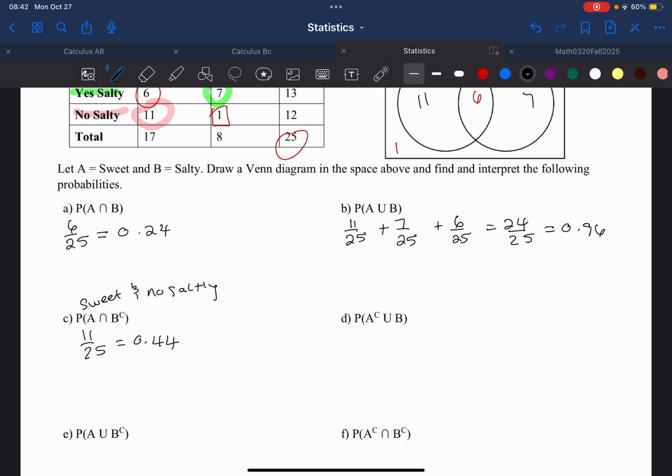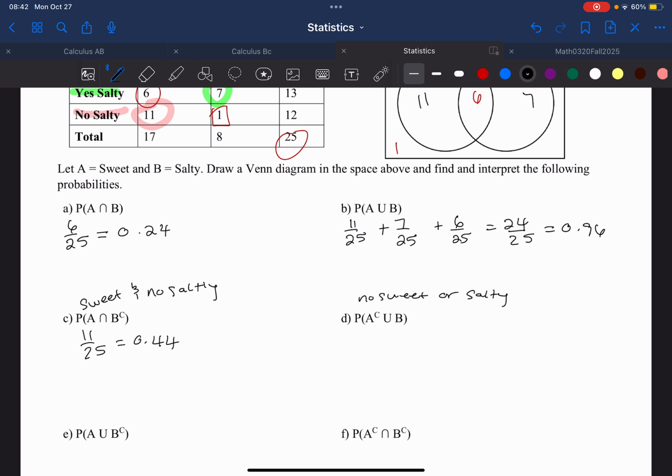Then the next one would be the probability of A complement. So that's no sweet. Not no sweet and no salty. It's they don't like sweet at all, or they like salty.